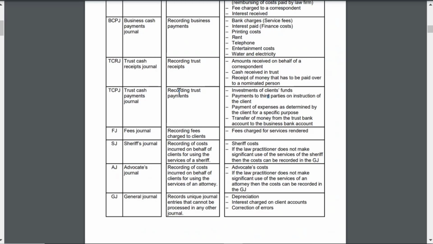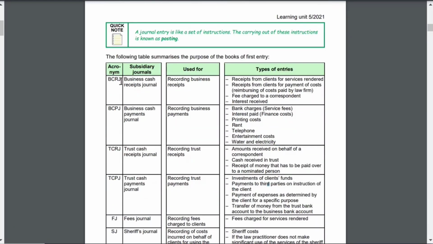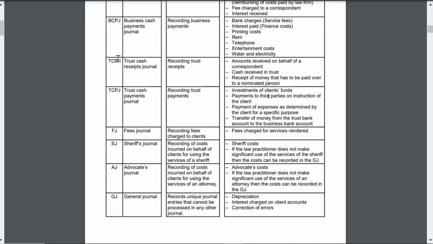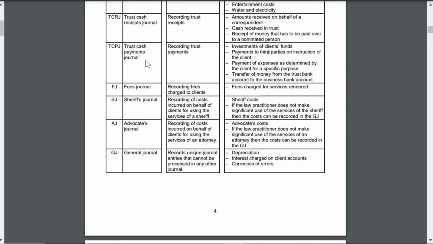For example, in your general journal, you will record all the transactions that are not recorded in your business cash receipts journal, your business cash payment journal, your trust cash receipts journal, your trust cash payment journal, and all the transactions that do not form part of the fees journal.